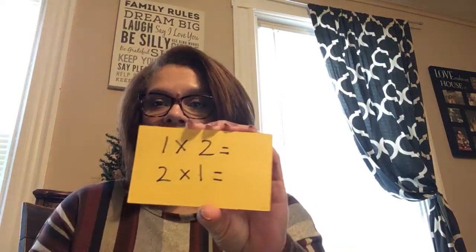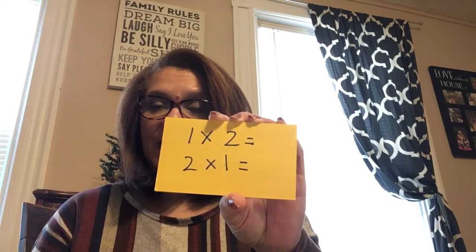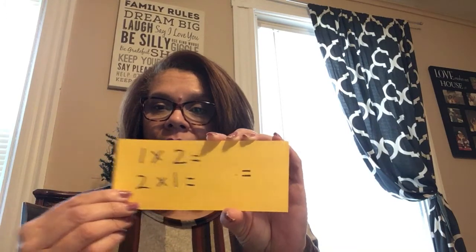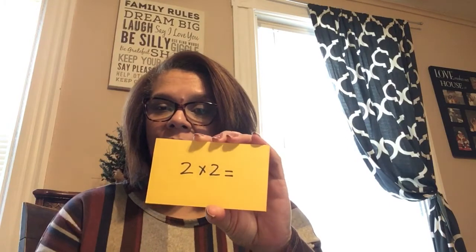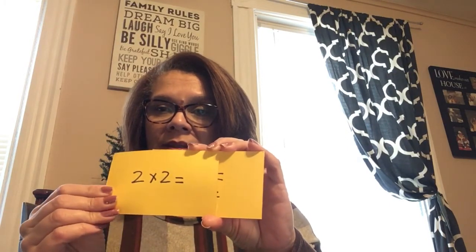Okay, so before we start our lesson for today, let's review our basic facts of the 2 times tables. 1 times 2 is the same as 2 times 1, and that is equal to 2. Very good. 2 times 2 is 4.